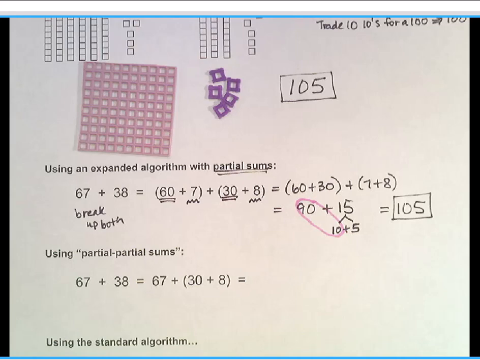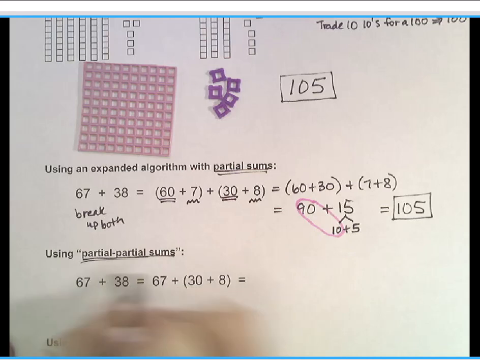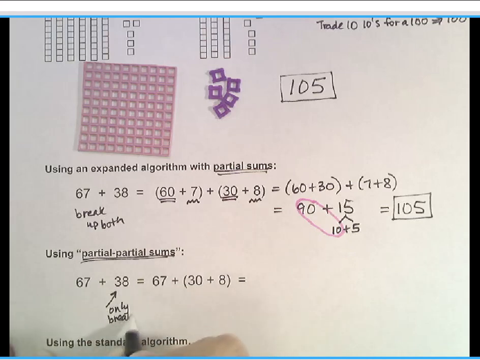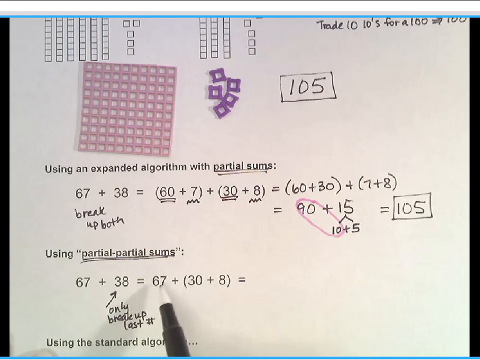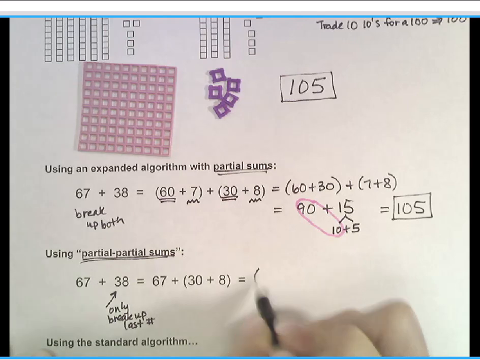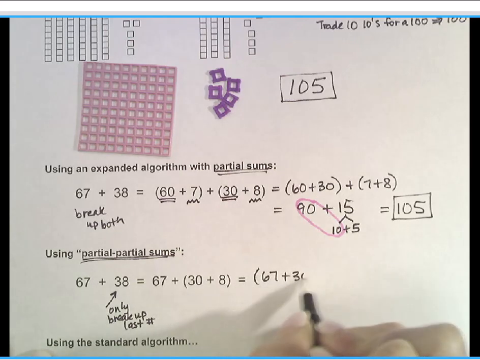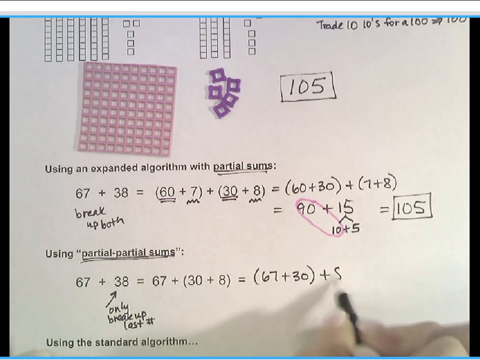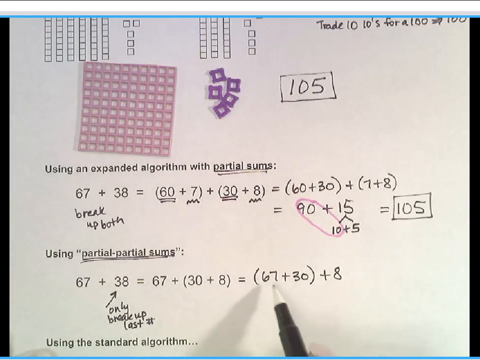Now, using partial sums, you only break up one number. Only break up the last number here, the 38. So I kept the 67 as 67 and I wrote the 38 as 30 plus 8. Then I'm going to change the order that I add. I'm going to add the 2-digit numbers together and leave out the single digit. 67 and 30, most people can add that in their heads because one number ends in 0.